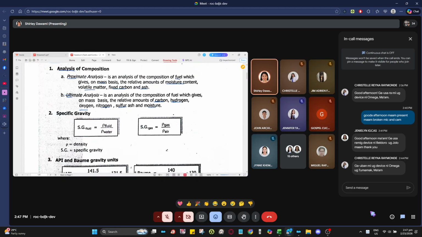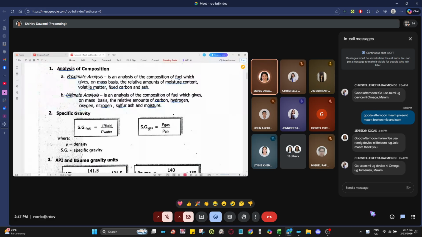Next, if we total, for example for proximate, moisture, volatile matter, fixed carbon, and ash, ideally it should equal 100%. Same with the ultimate analysis, kaning carbon, hydrogen, dapat mo equal po ni siya ito 100%.